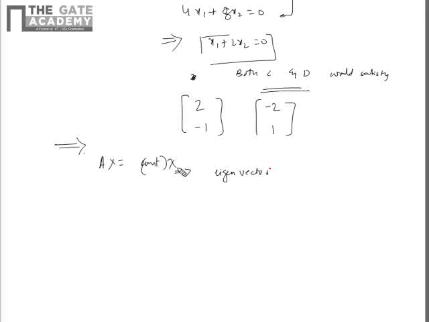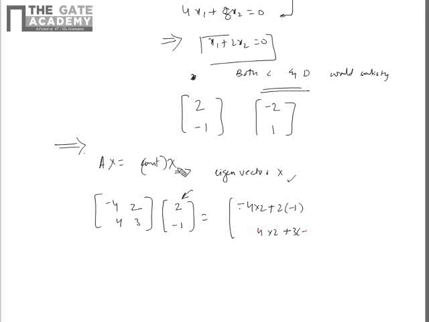So directly from the options, if you take the matrix minus 4, 2, 4, 3, and take option A or B or C, let's try with C. Operating that vector onto the matrix, we get minus 4 into 2 plus 2 into minus 1, and 4 into 2 plus 3 into minus 1. This gives minus 8 minus 2, so minus 10, and 8 minus 3, so 5.